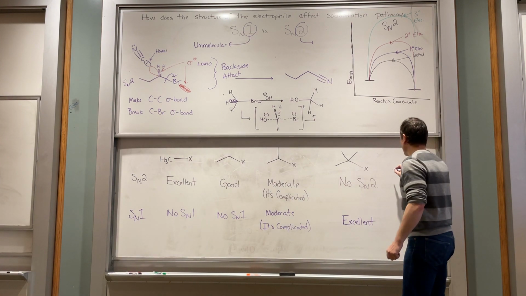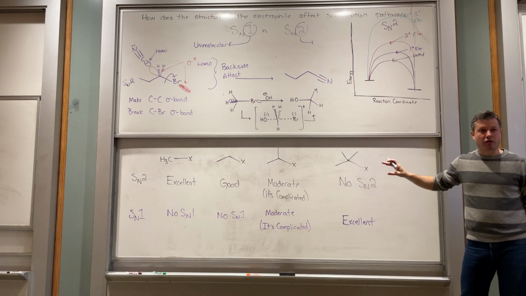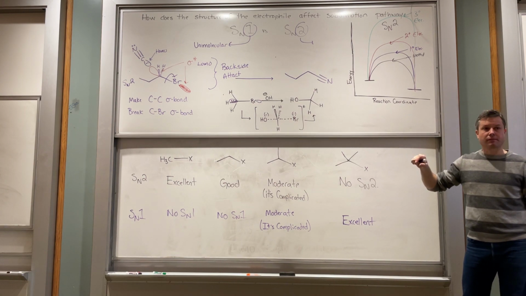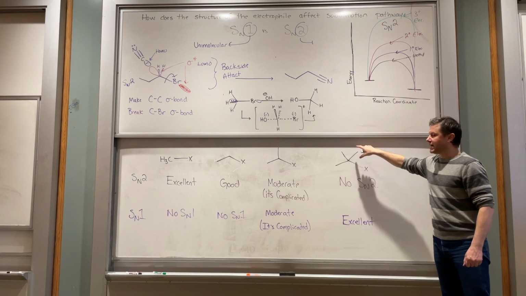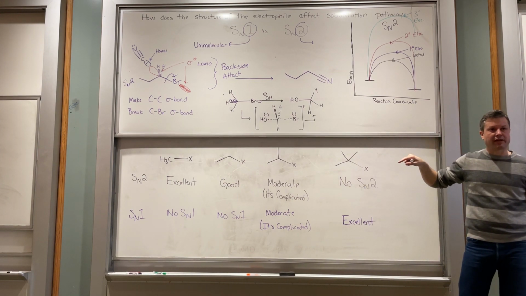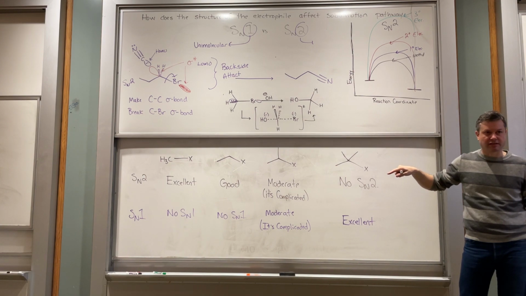Sure. So we're thinking mostly about carbon. If there are other substituents like oxygen or nitrogen, because those atoms have electrons on them, those electrons will play a role in SN1 versus SN2.